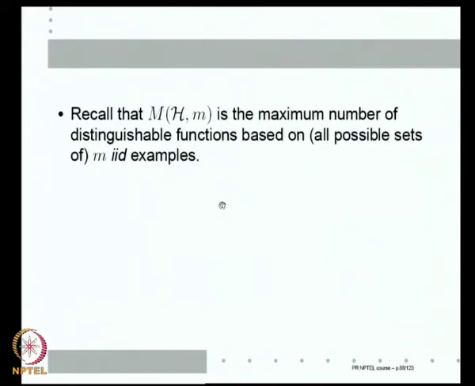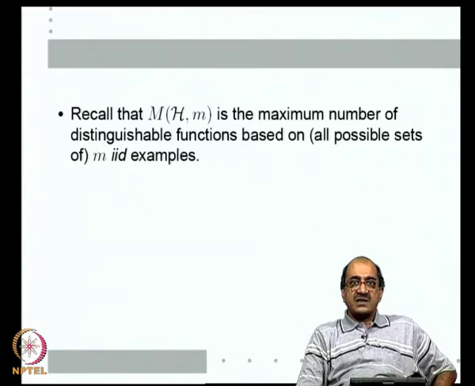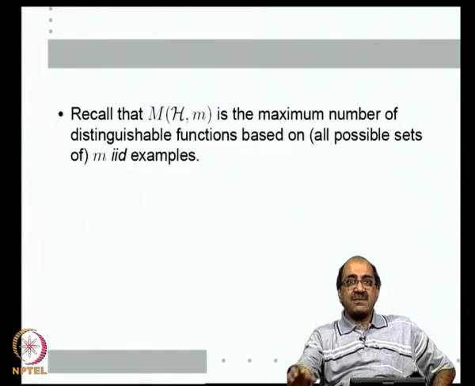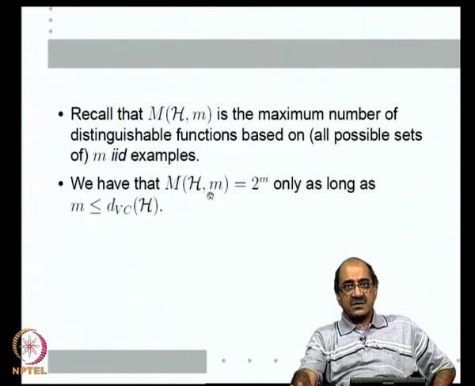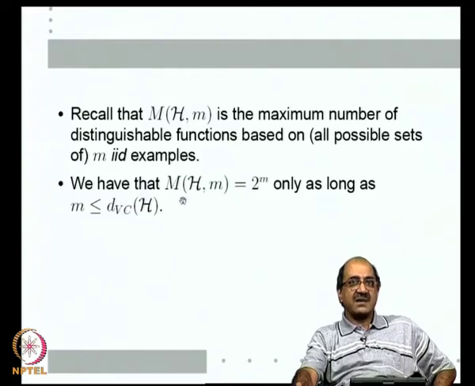So, m h comma m is the maximum number of distinguishable functions based on all possible sets of m IID examples. We know the real maximum is 2 power m, and it stays as 2 power m till m reaches d VC of h.